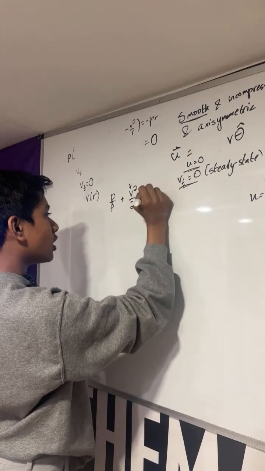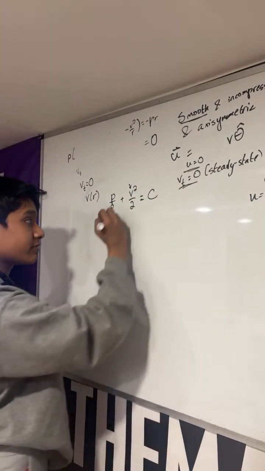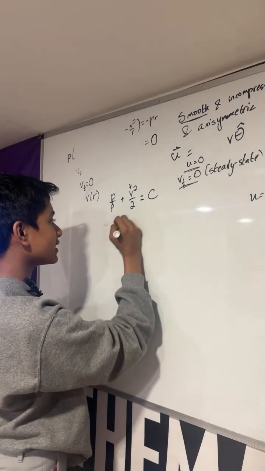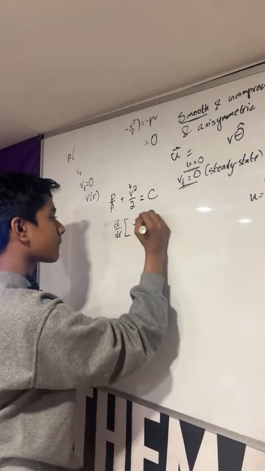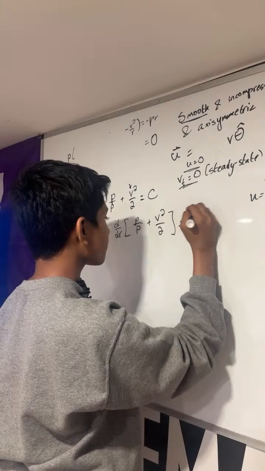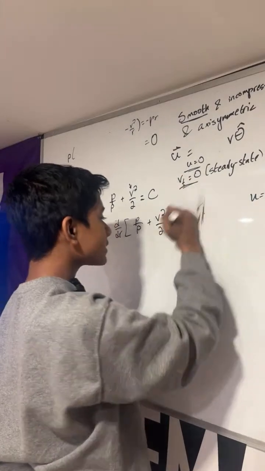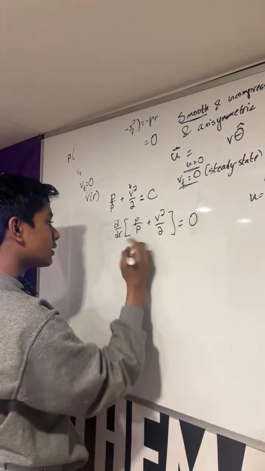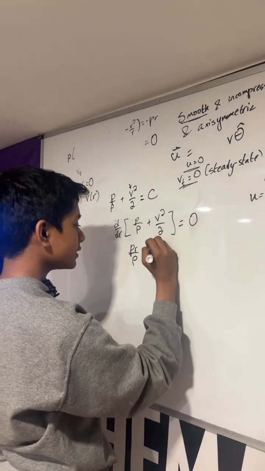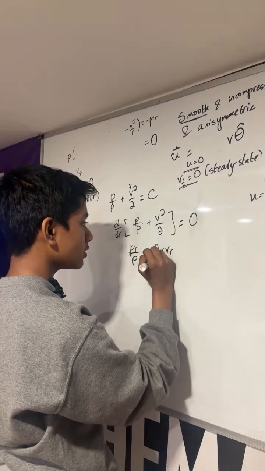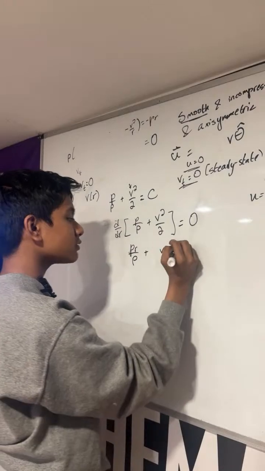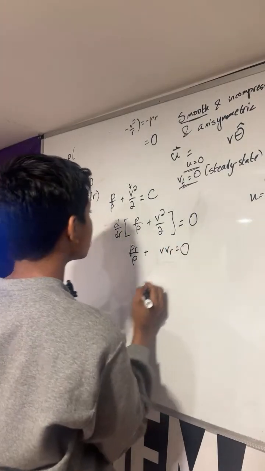So this is constant, which means if you take the derivative with respect to r, well, it's d/dr at this point because everything's just a function of r. Well, this becomes 0, and this becomes p_r over rho plus 2v v_r over 2. These cancel each other out, and you get this.